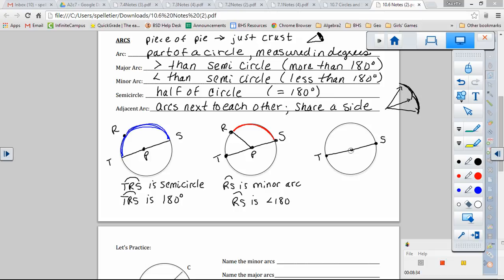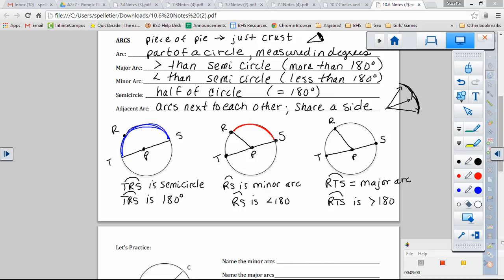Okay? The last example, T, P, S. Again, R goes up here, and this time arc RTS equals a major arc. And so that means that RTS has to be greater than 180 degrees if it's a major arc.